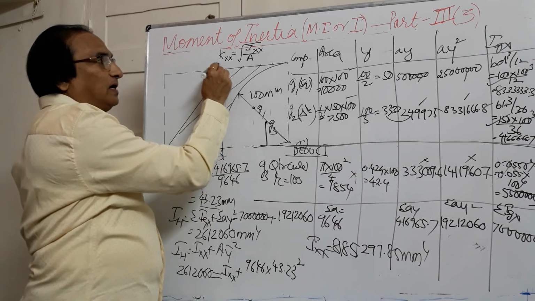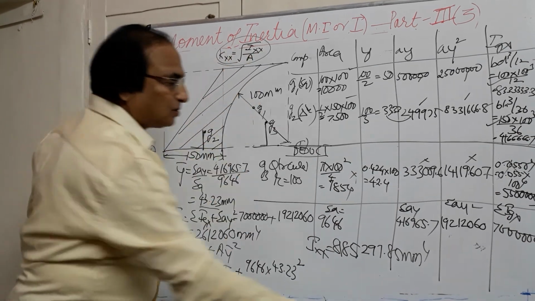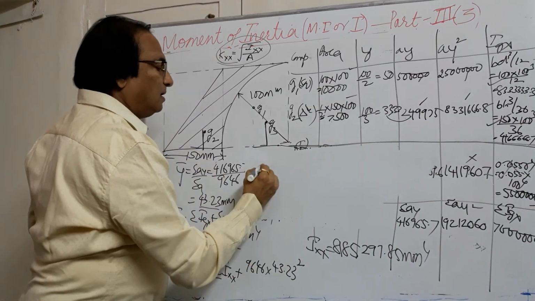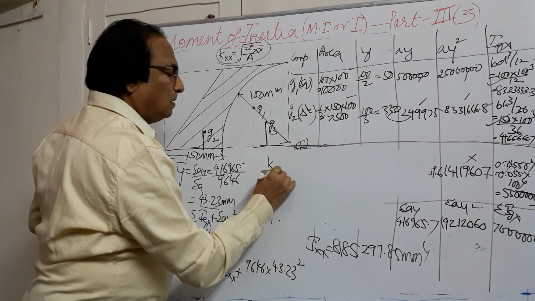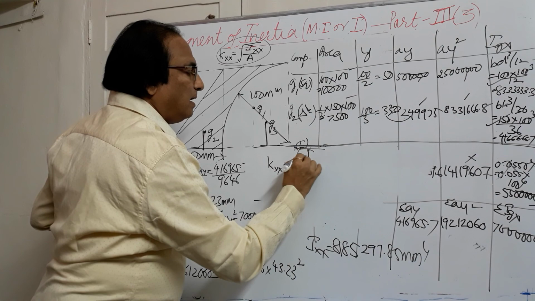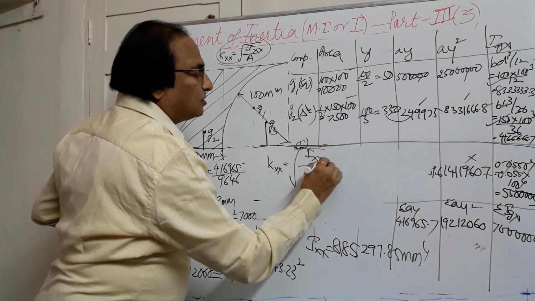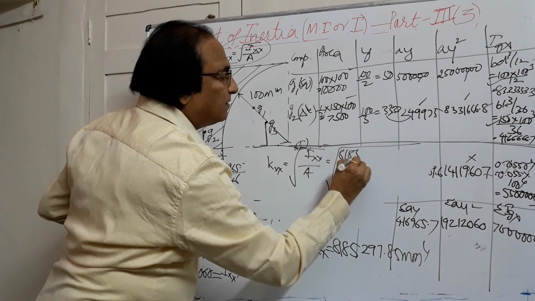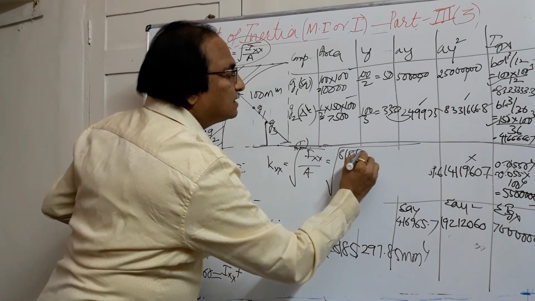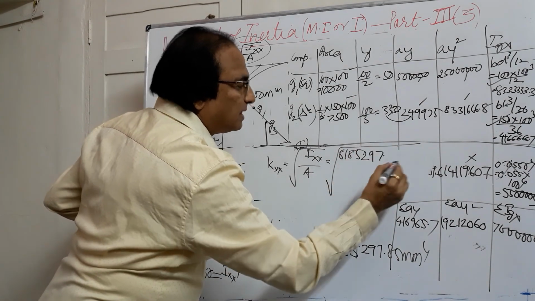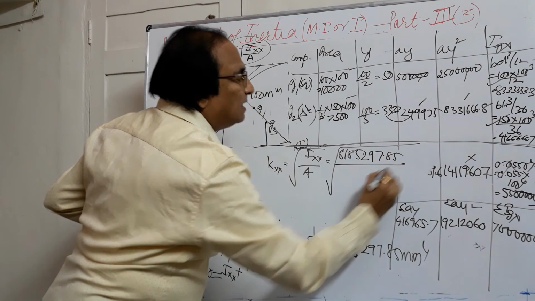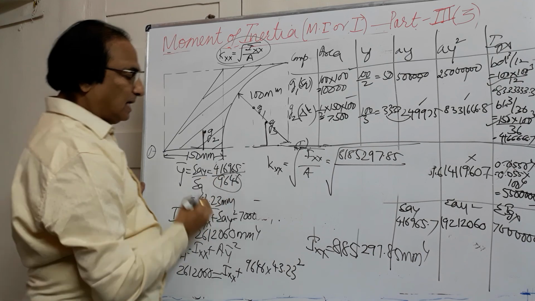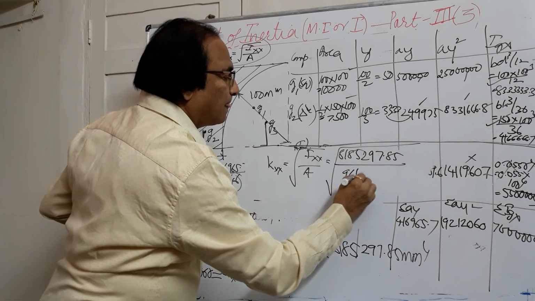You have been asked to find the radius of gyration of the figure. The radius of gyration is given by under root I by A. So this will be equal to under root of 8185297.85 divided by the net area we have calculated, 9646.